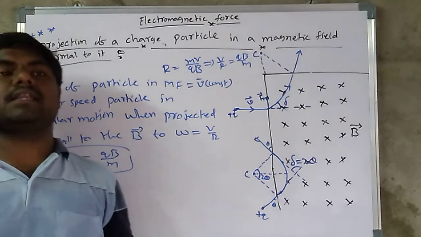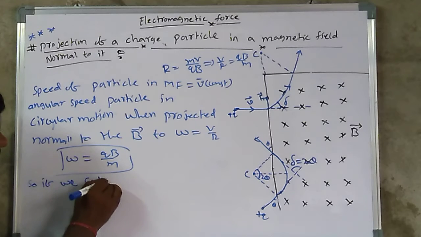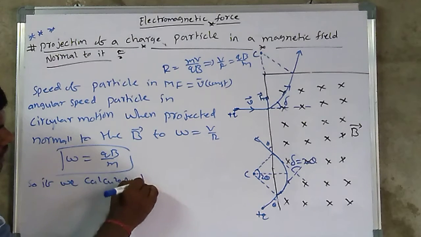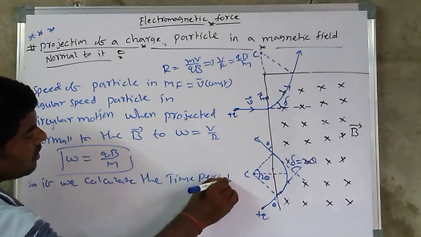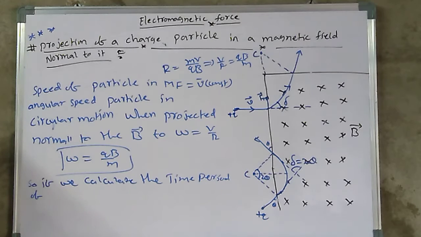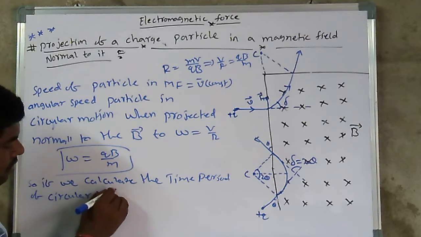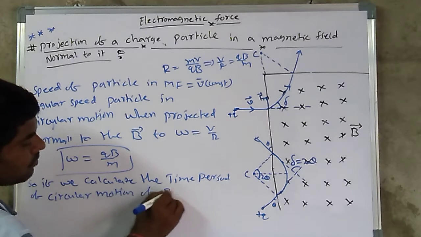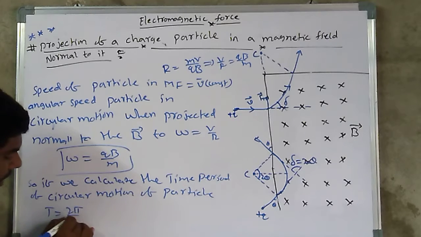So if we calculate the time period of circular motion of the particle, T is equal to 2 pi by omega.